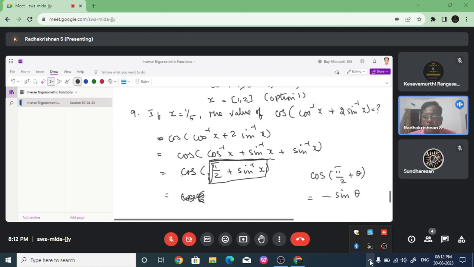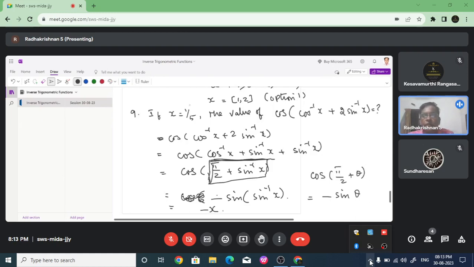So we put that here. Okay. So this will be minus sin of theta, minus sin of sin inverse x. Sir, minus 1 by 5. No. Sin of sin inverse of x is x, right? So this will be minus x. Minus x is given, right?